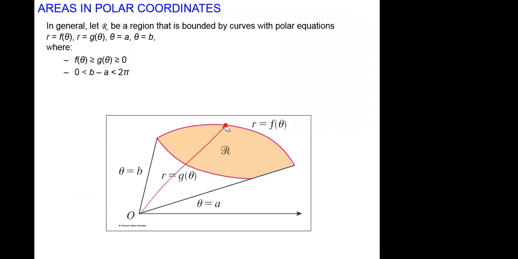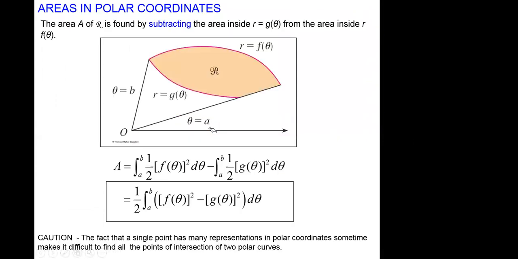We subtract the shorter radius from the longer one, and then we have the region between, which means 1/2 r squared d theta minus 1/2 r squared d theta. This is the upper one, the longer radius, and this is the shorter one.